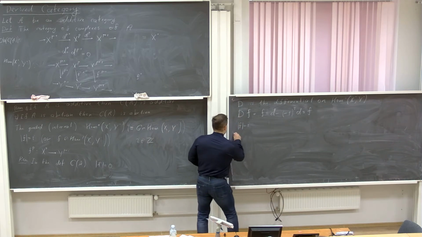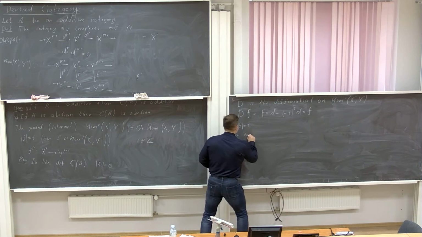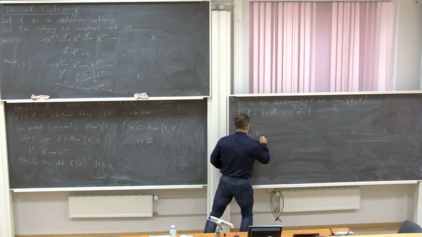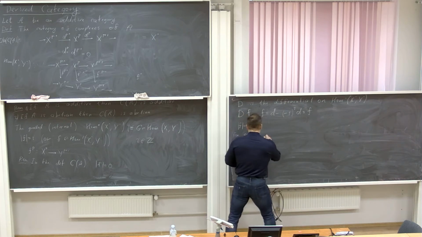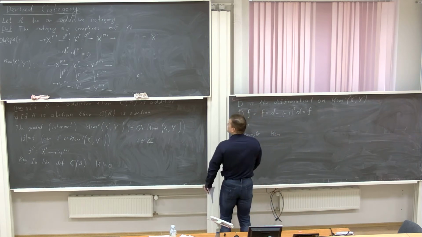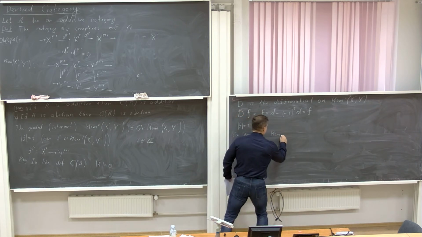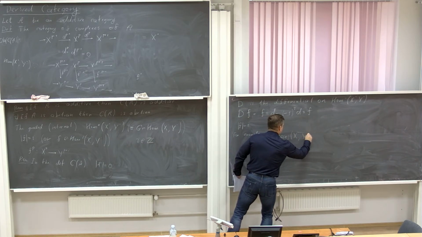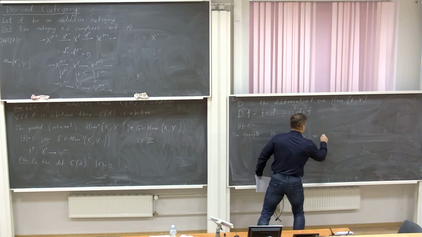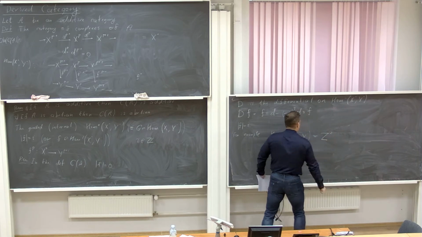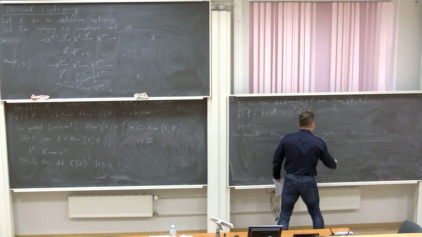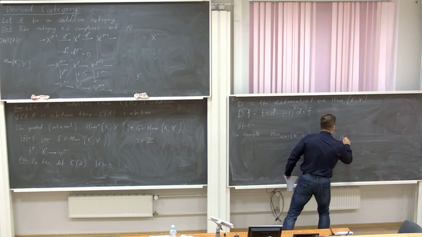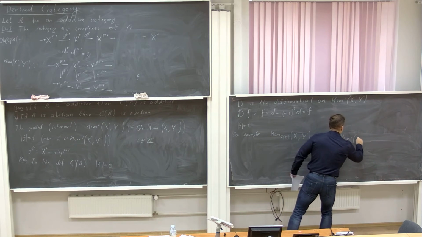So, for example, if I want to take Hom in the category of complexes C of A, between two complexes X and Y, I can say that this is the cycles, so Z0, of the Hom with the bullet.